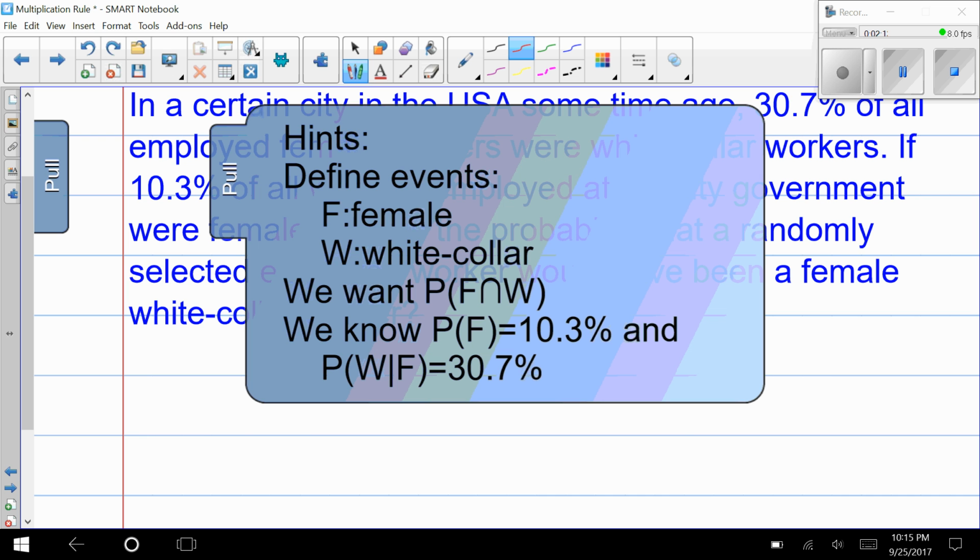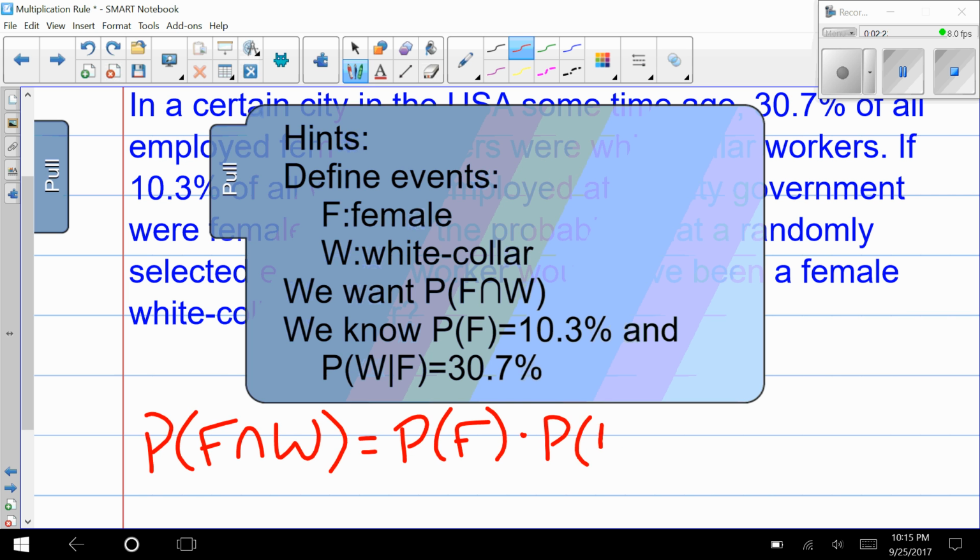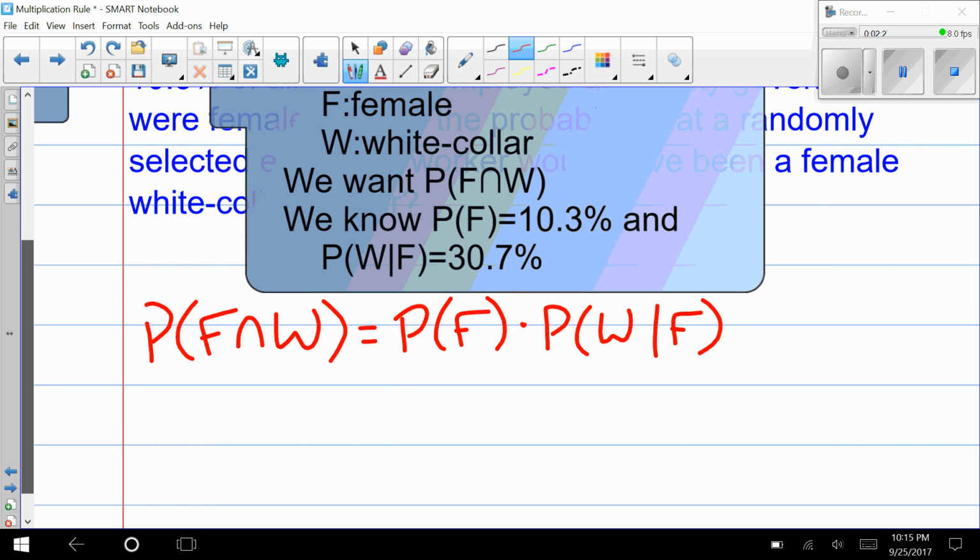Now, in order to find the probability of female and white-collar, I'm going to multiply together the probability of a female times the probability of white-collar given female. Remember, we can't plug percentages into our equations. We convert them to decimals.